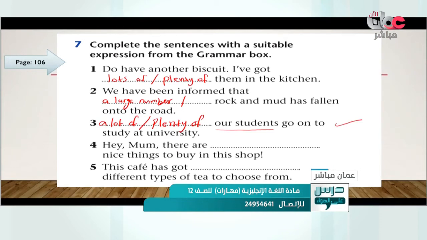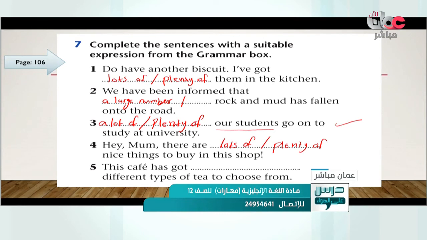So since it is informal, we use "there are". The best answer, or the appropriate answer, is "lots of" or "plenty of". This is an informal relationship between the mother and her children.